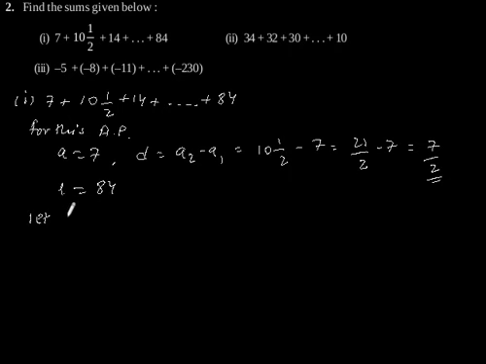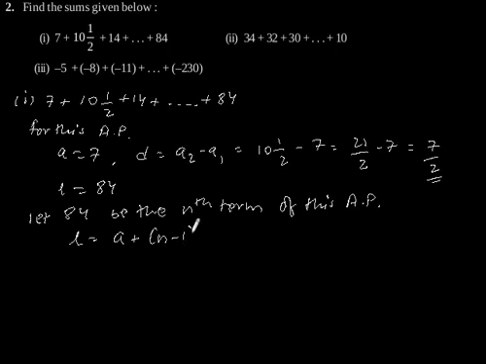Now let 84 be the nth term of this arithmetic progression. L is equal to A plus n minus 1 into d. So 84 is equal to 7 plus n minus 1 into 7 by 2.